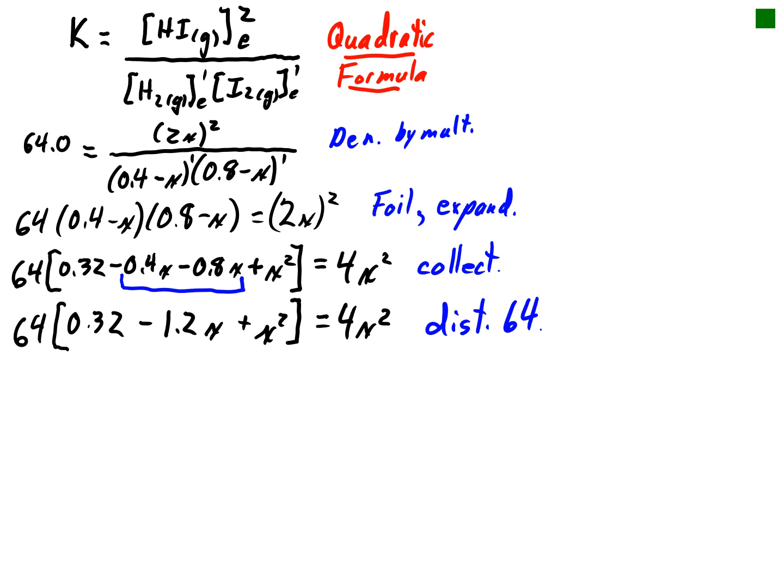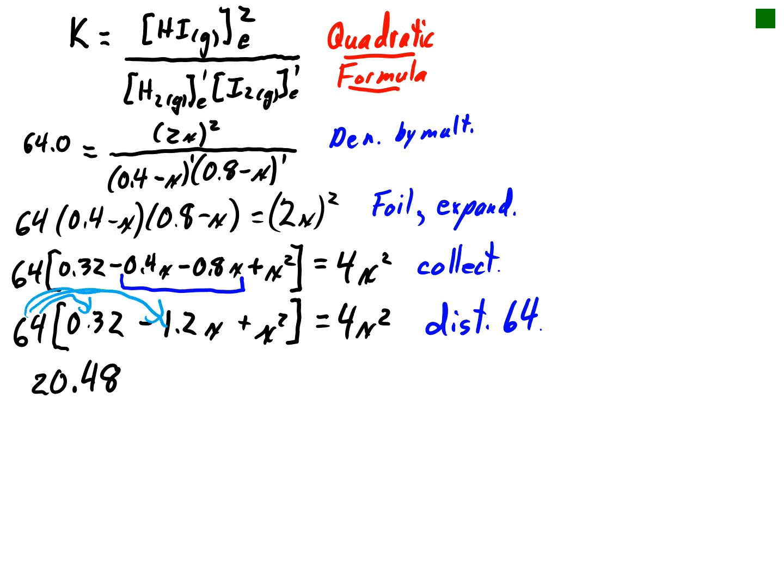So now it gets to be a little more complicated. I have to do some math in my head, or I can break down and use a calculator if I'm desperate. So 64 times 0.32 is 20.48. I now go to expand this over. So I've done this first one. Now I'm going to do this one.